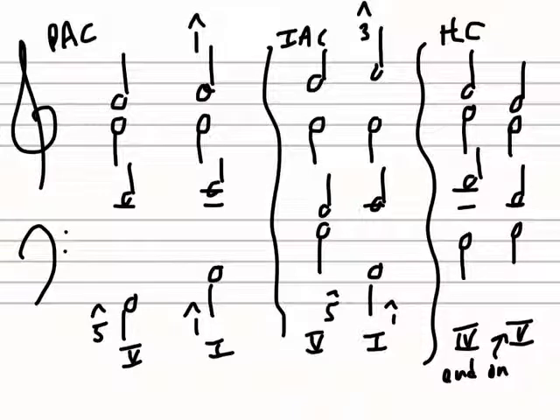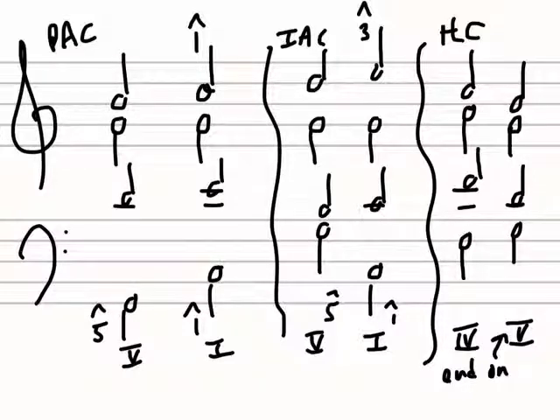So the one on the left, note that we have 5-1 in the bass, or in other words, a root position dominant to a root position tonic chord. And when we end on that tonic chord, we also have the tonic in the top part as well. That's a perfect authentic cadence, which we abbreviate PAC, and that's our most conclusive cadence.